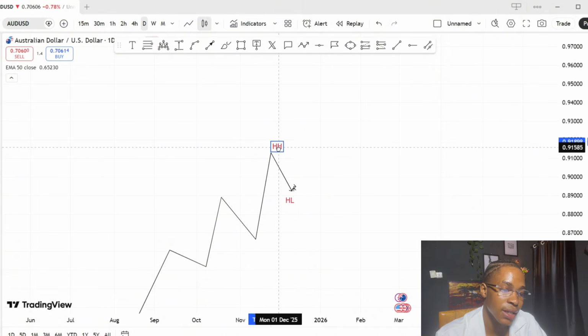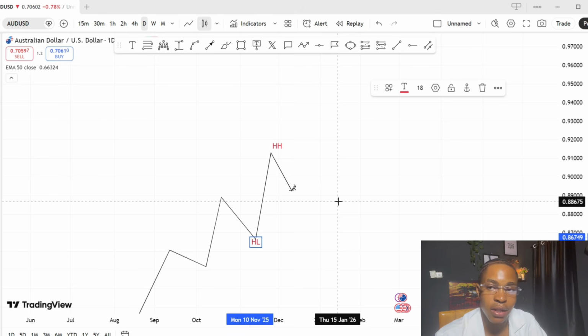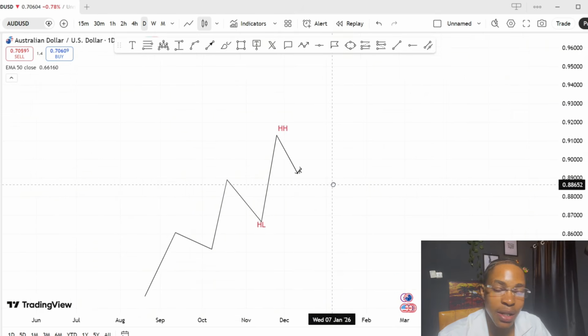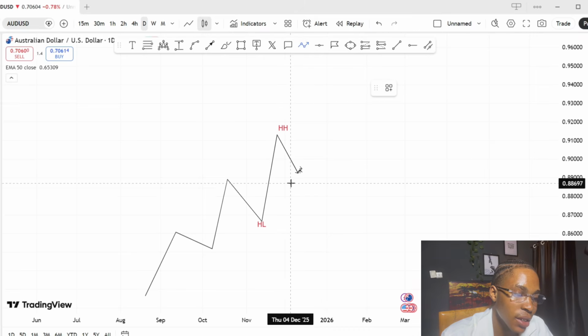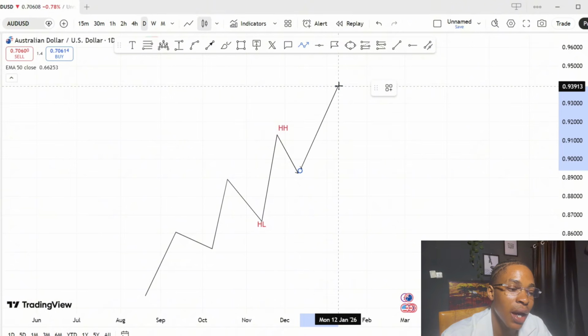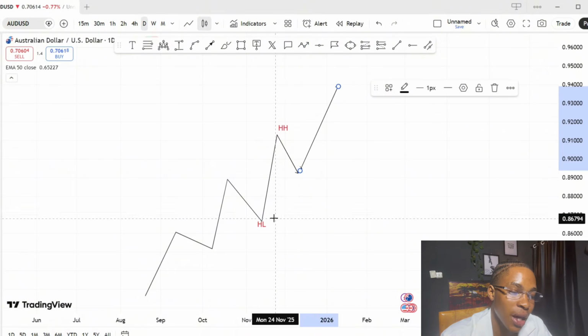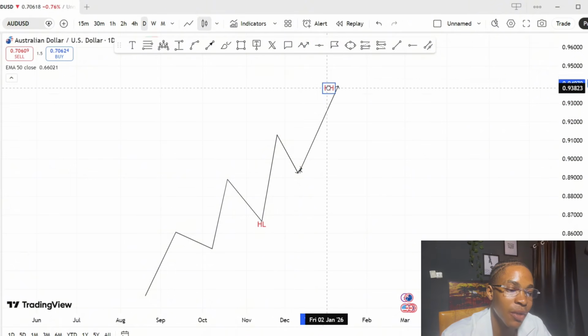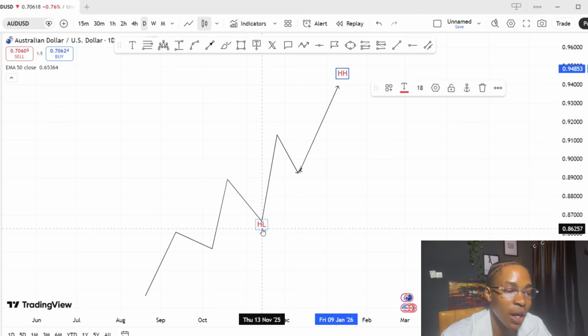This becomes the highest high, and this becomes the highest low, right? So basically, this is what creates an uptrend. The same thing here: if you create a new higher high, this will stop being the higher low, and then this will become the higher high, and this will become the higher low.